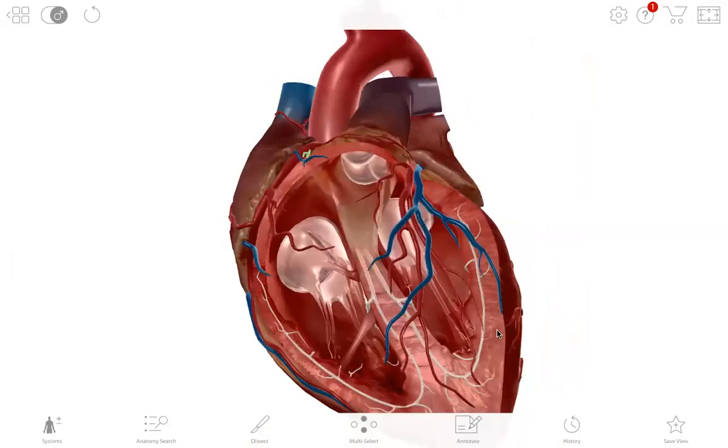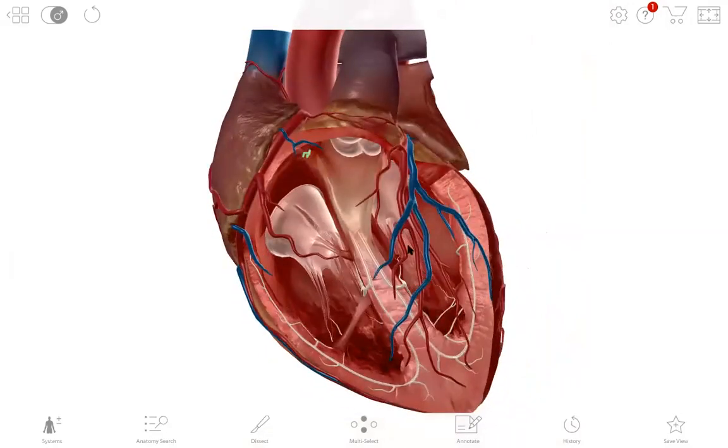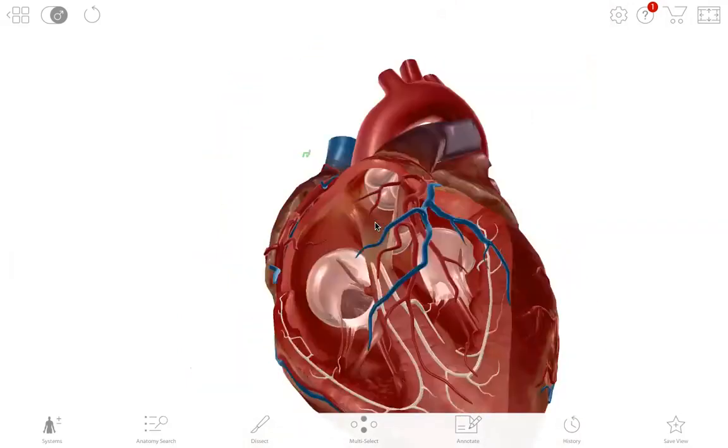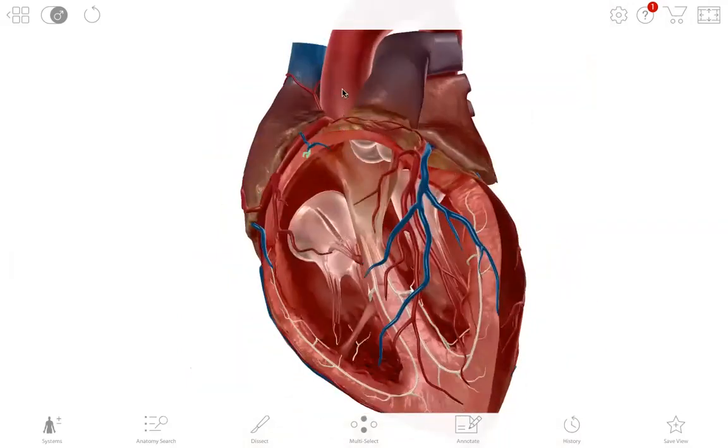The left ventricle will pump the blood through the aorta, to the arch of the aorta, then the descending thoracic aorta to the systemic circulation. This is, quickly, the circulation of the blood inside.